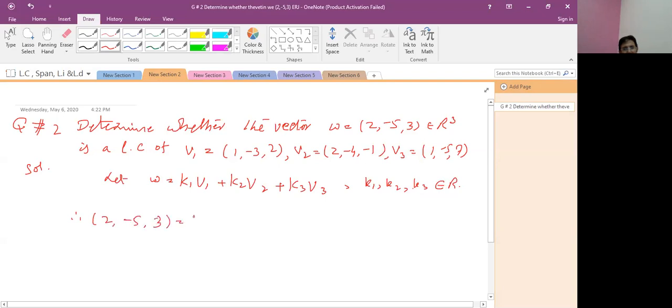If we put here K1 times V1, which is 1, minus 3, 2, plus K2 times 2, minus 4, minus 1, plus K3 times 1, minus 5, 7.